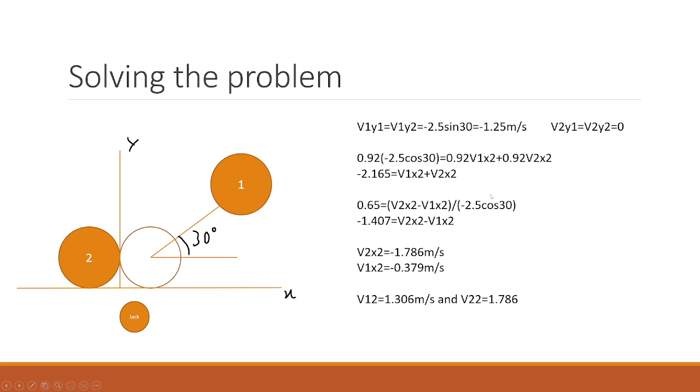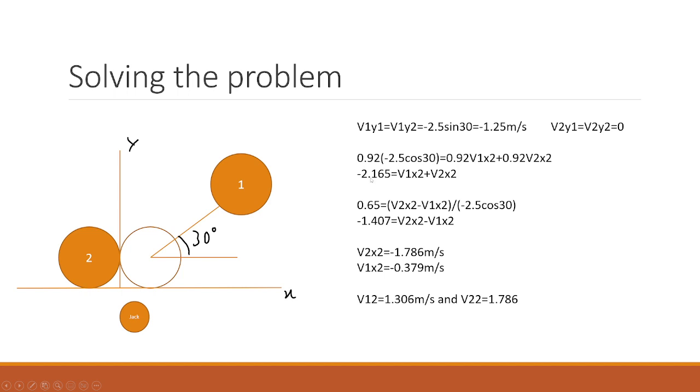This is the same as this up here, because the first velocity of the second ball is equal to 0, so we only have the first velocity of the first ball, and we just multiply that by 0.65 and we will get negative 1.407 equals the second velocity of the second ball minus the second velocity of the first ball.